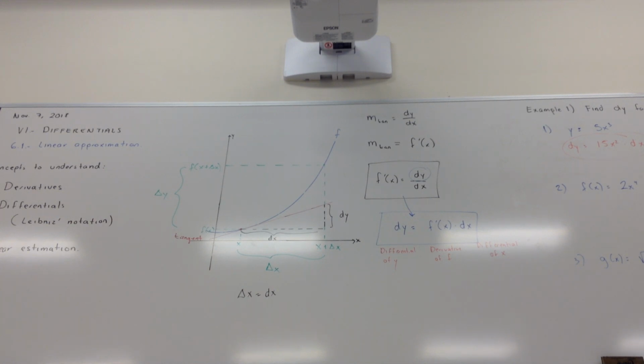Okay, another one. I want to find dy for this one. So, the derivative of this? 8x cubed plus 2 cosine of x, times dx, but for everything, so times dx.